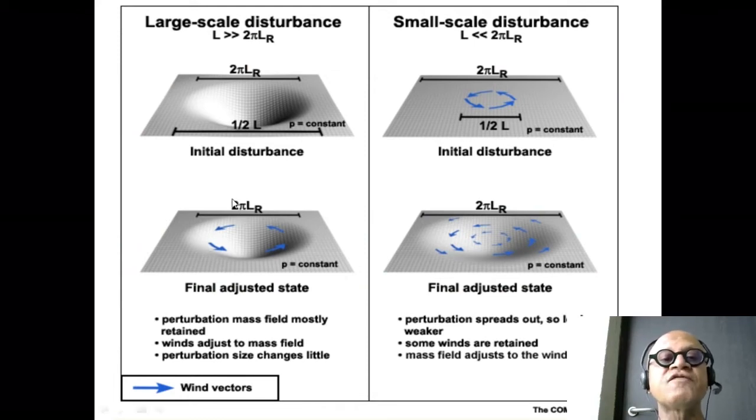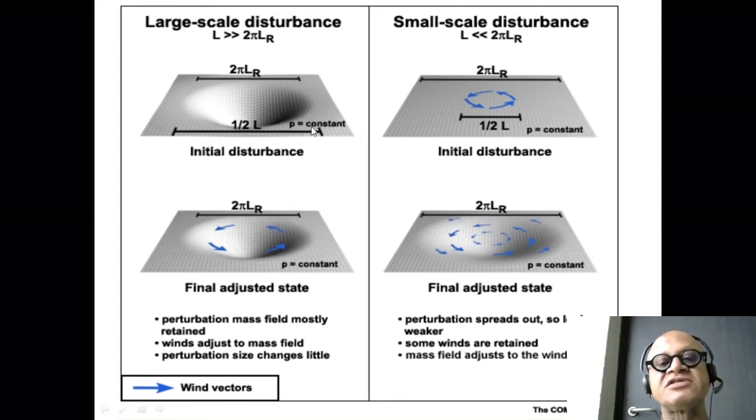So here, think of a large scale disturbance where the initial disturbance is much larger than the Rossby radius of deformation. So here is 2 pi L_R, and this is half of the length of the perturbation. Okay, so you can see that after the stratification and rotational effects have adjusted, the perturbation mass field is essentially maintained.